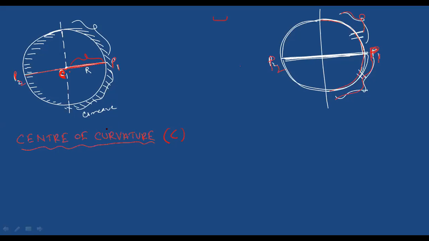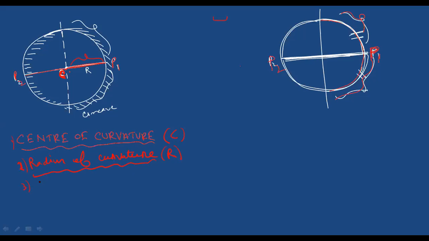The radius of a hollow sphere of which the spherical mirror forms a part is called the radius of curvature. It is denoted by capital R.